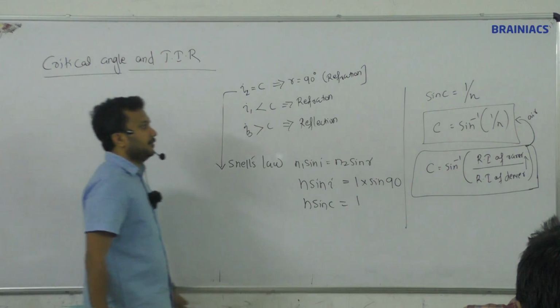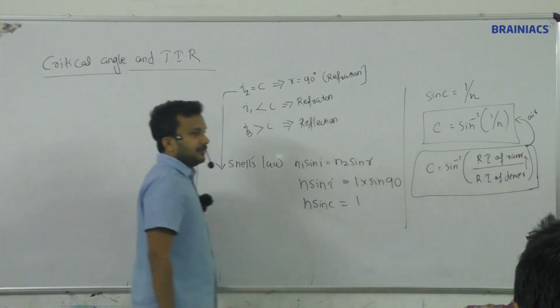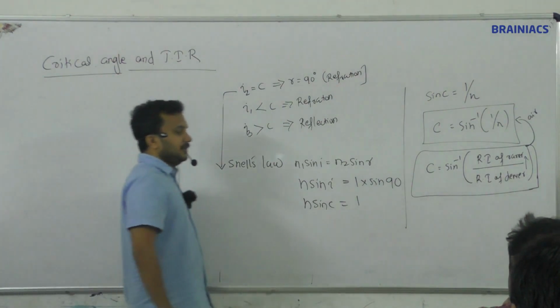This is important. Remember, sin C is equal to the refractive index of the rarer medium divided by the refractive index of the denser medium.